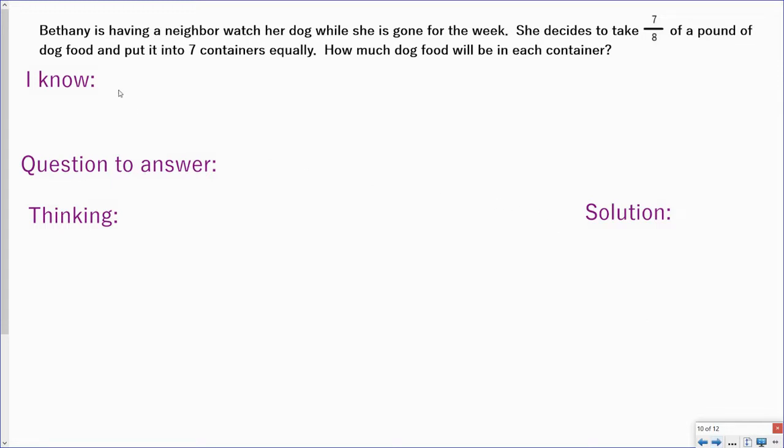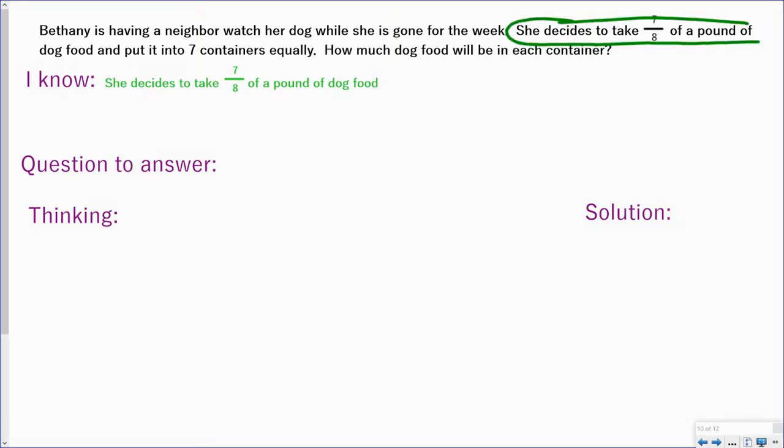So again, I need to take a look at what I know. What I know is that she decides to take 7/8 of a pound of dog food, and I get that from this part of the problem right here.